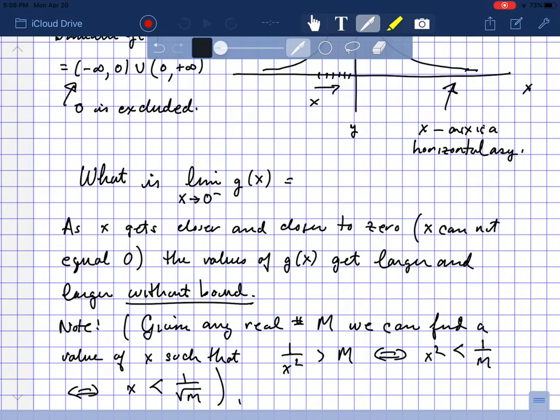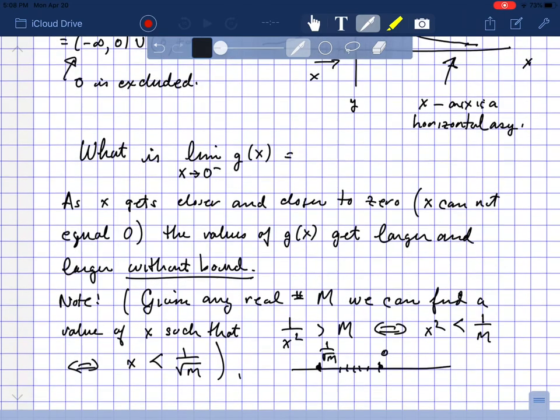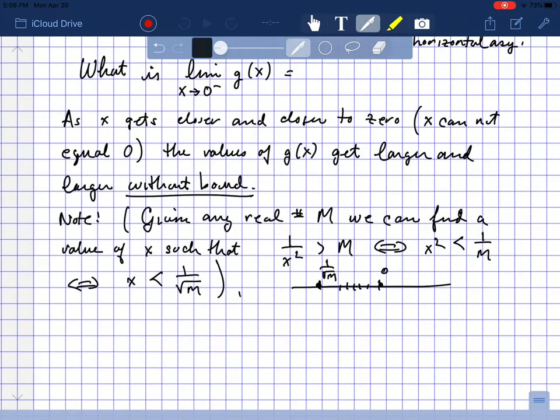So all those, here's 0, here's 1 over the square root of m, and for any value of x between these two points, 1 over the square root of m and 0, 1 over x squared is greater than m. If this happens to be the case, then the graph of our function has a vertical asymptote at the point, as this does at x equals 0.